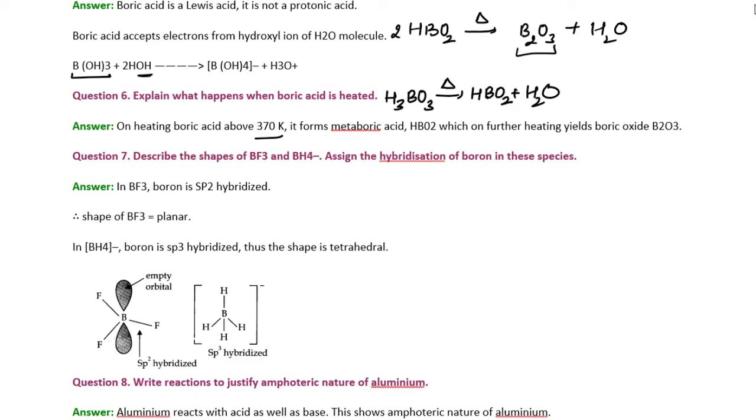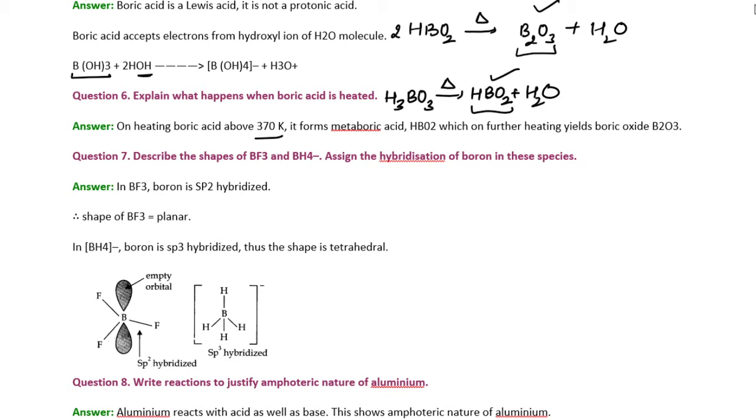In between, tetraboric acid is also formed, but the main products are: first, when we heat it, it gives metaboric acid, and then on further heating we get boric oxide. Done.